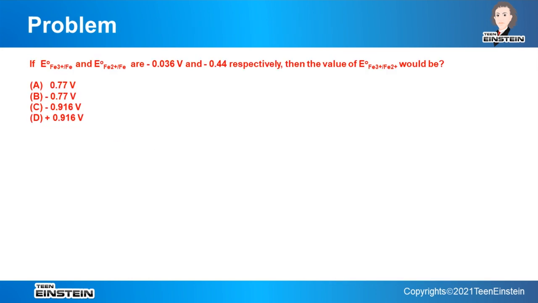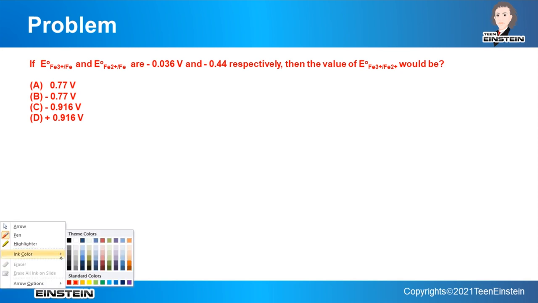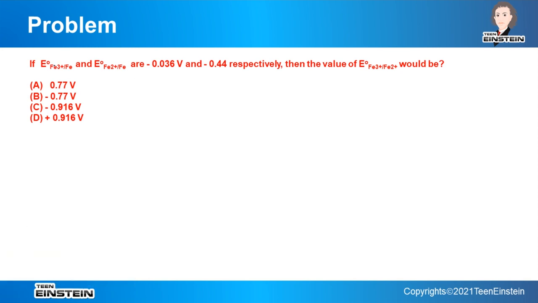Here we have a problem. Here E naught values for two systems are given. One is for Fe3 plus to iron, that means Fe3 plus accepting 3 electrons and converted to iron. Another E naught is given for Fe2 plus to iron, that is accepting 2 electrons and reduced to Fe. So this is for the first system, this is for the second system respectively.